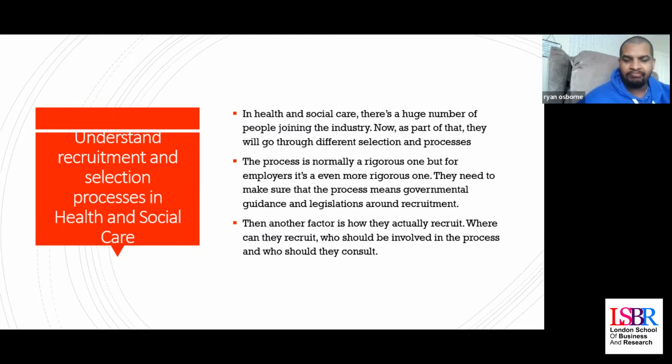They would be nurses, doctors, GPs, consultants, social workers, care workers, care supervisors, care managers as well. I'm sure you can think of other professions within the industry.